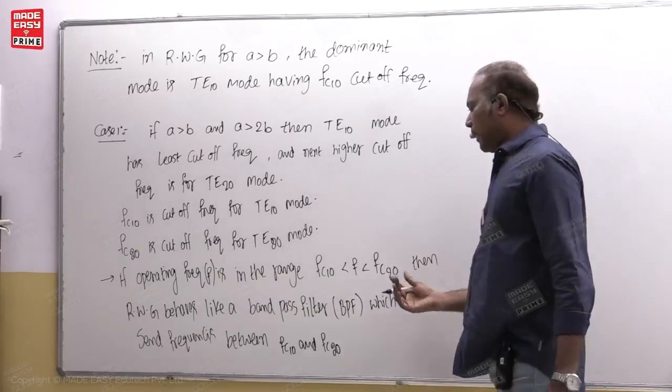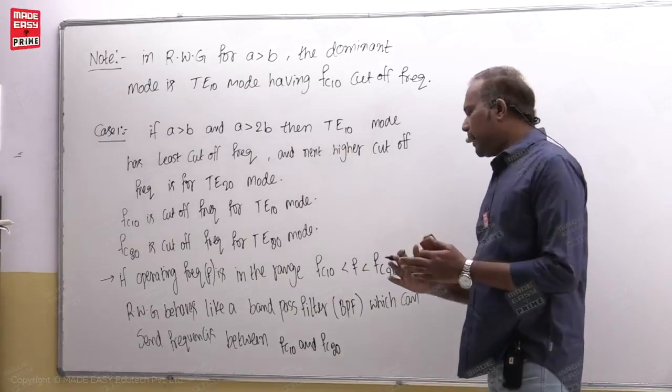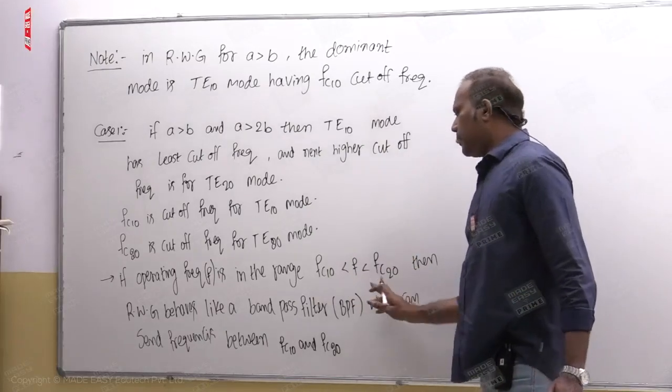So just a band pass filter means that can send frequencies in between, right?